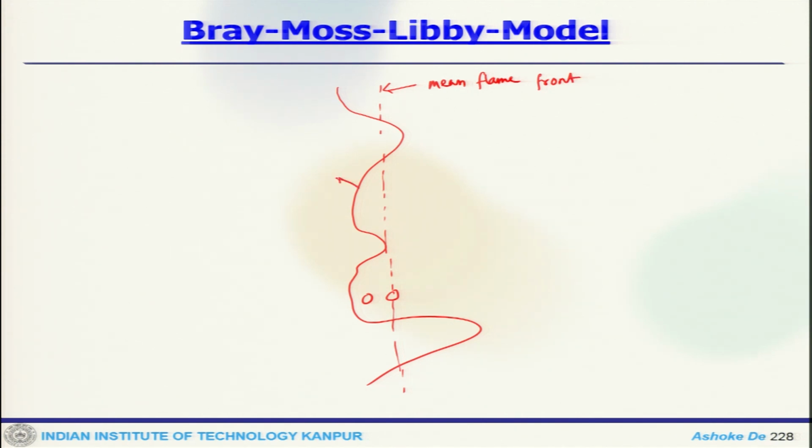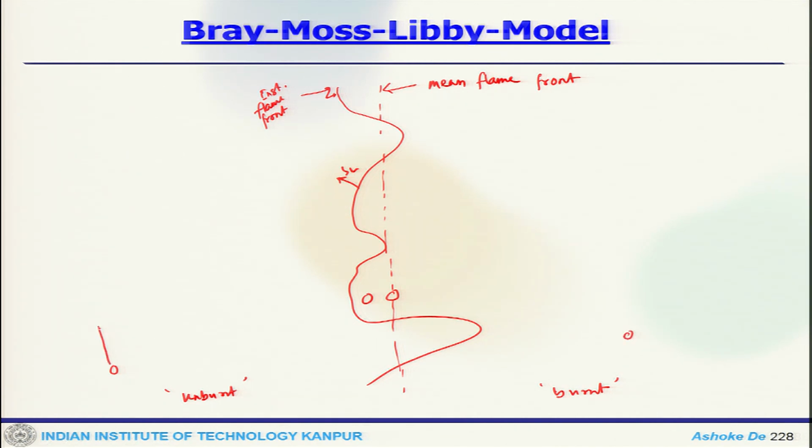This is how my SL is going to behave. This is the instantaneous flame front, and this side is unburnt obviously, and this side would be burnt. So, there could be one state here and there could be one state here.